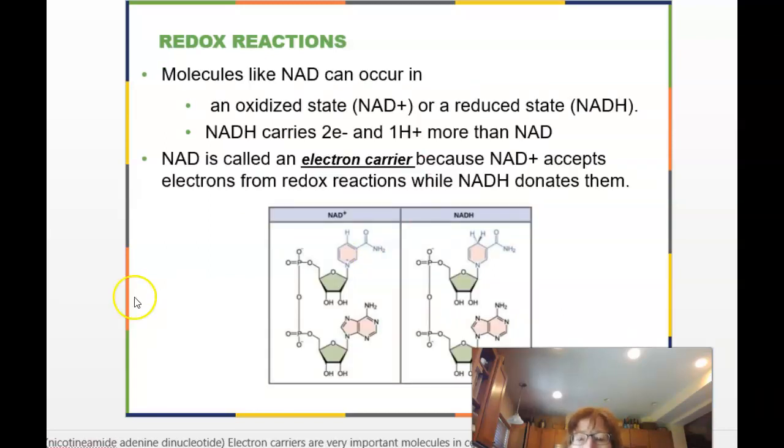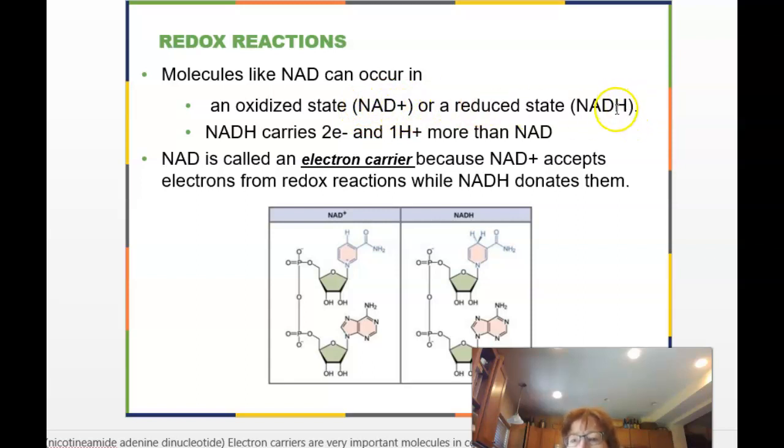So there are molecules that specifically do this. They are the agents of this. In other words, they have a state that would be considered an oxidized state. And here you can see this one is called NAD. And NAD, when you see it in this form with just a plus, is the oxidized state of NAD. And then it can gain electrons.